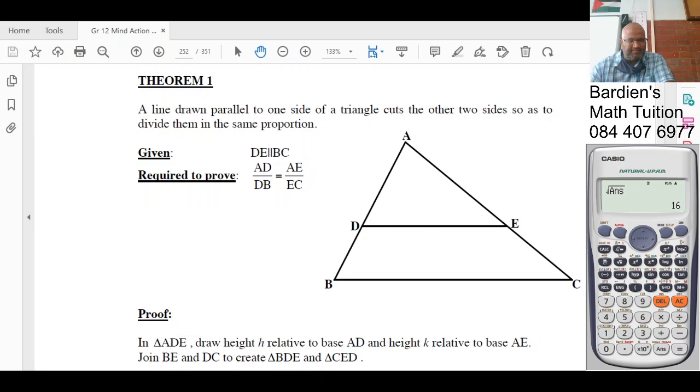Sorry about that. Okay. So if you go to the other side, so we're going to say it's going to be the area of triangle AED, which is this triangle here, over the area of DEC.